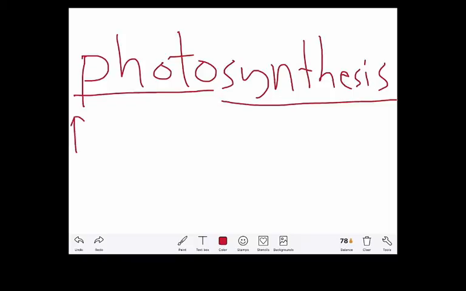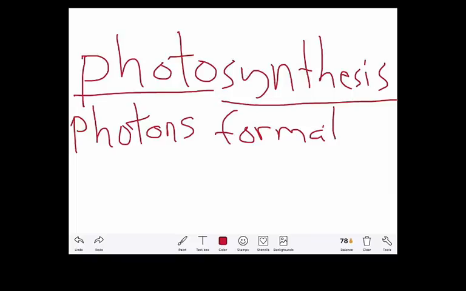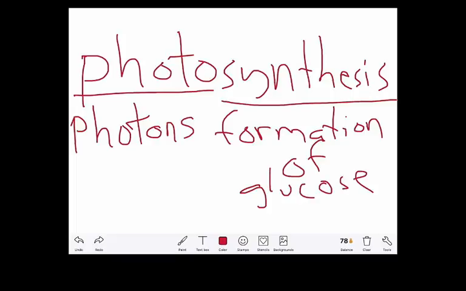Photo pertains to photons, and synthesis refers to the formation of glucose.